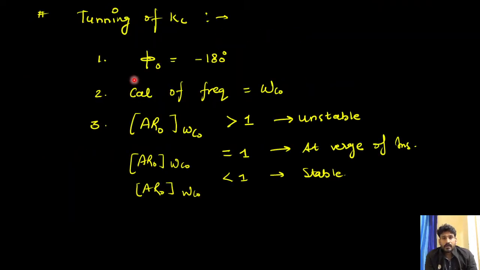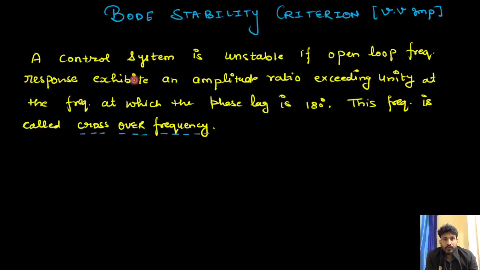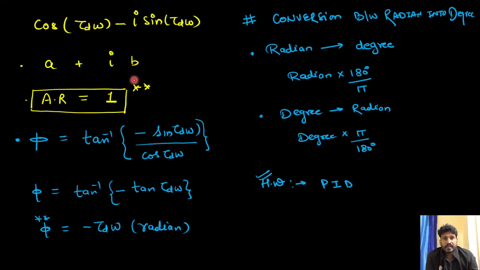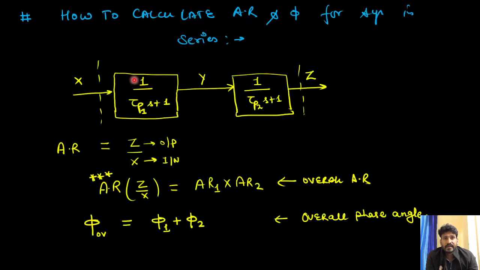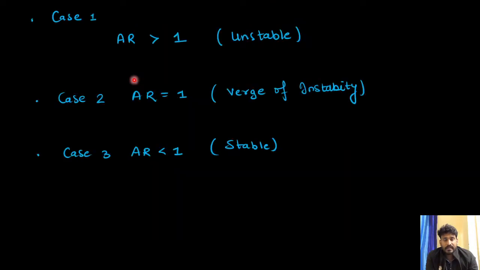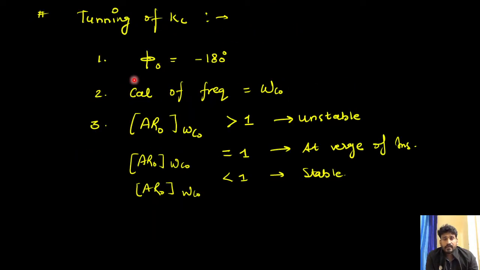Now let's talk about the Kc value. Okay, what I told you, Bode stability criterion, frequency response से related topic है ना. This is used to basically check the stability, right? And based upon these equations we basically can talk about the stability, right? हाँ जी.